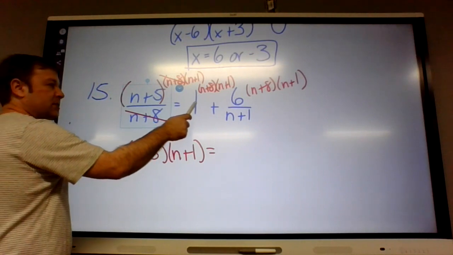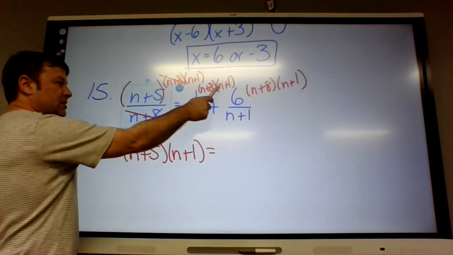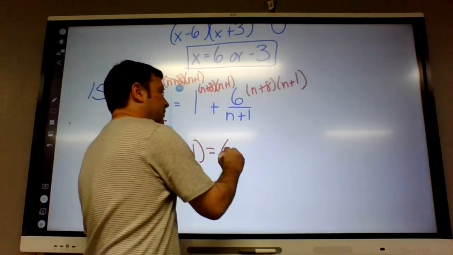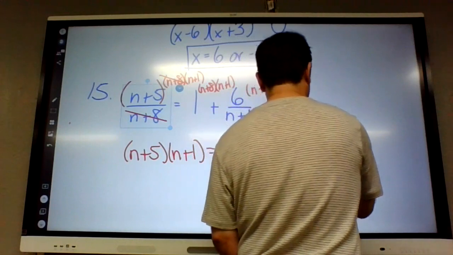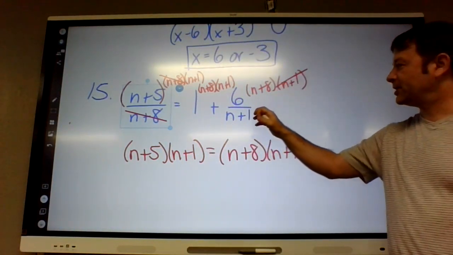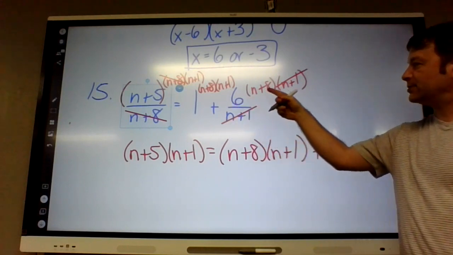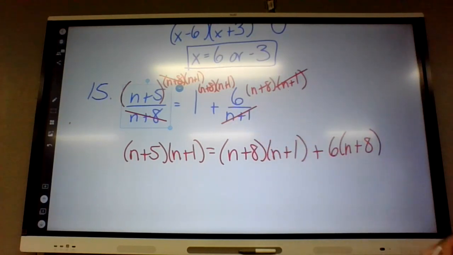In the middle term, nothing cancels out because there is no denominator, so we just have 1 times that stuff, so we just have n plus 8 times n plus 1. And on the last term, thankfully something cancels out. The n plus 1's cancel out, so we just have 6 times n plus 8.